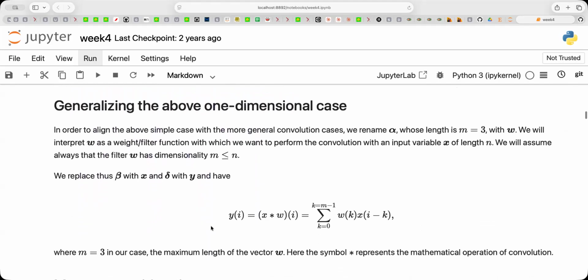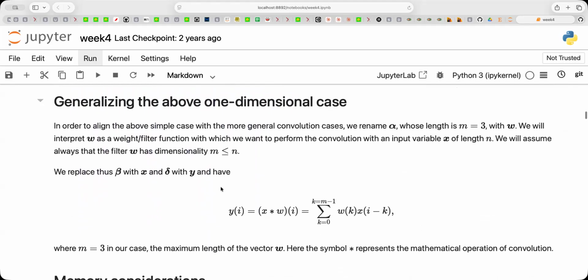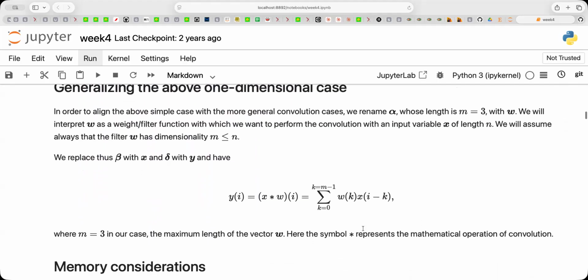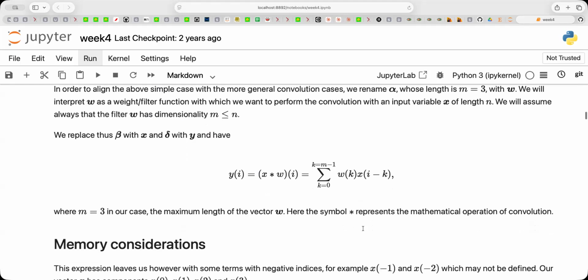Now, what I want to do is to generalize this expression. We said that this expression you see here represents just an instance of the process of convolution. What I'm going to do now is change it a little bit.